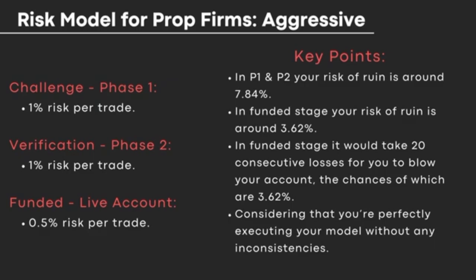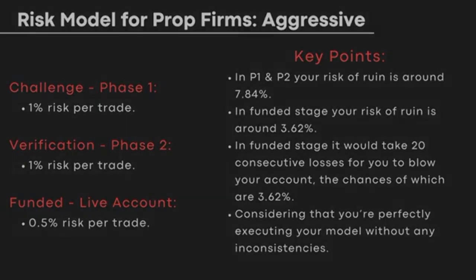And now in funded stage, it will take you at least a losing streak of 20 trades for you to blow your account, which is extremely unlikely, right? And right here you can see that even with an aggressive model, you are protected and your capital is preserved because of how solid this risk management model is, right? So you don't have to worry about that.